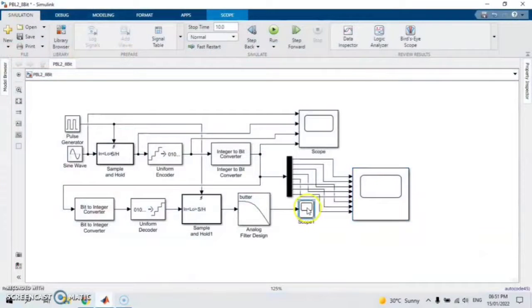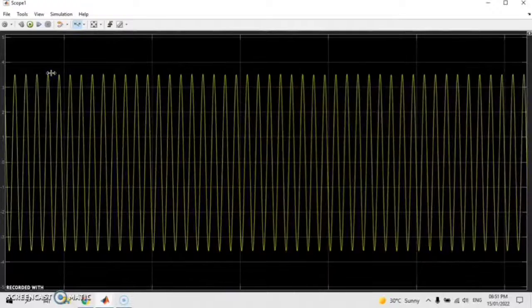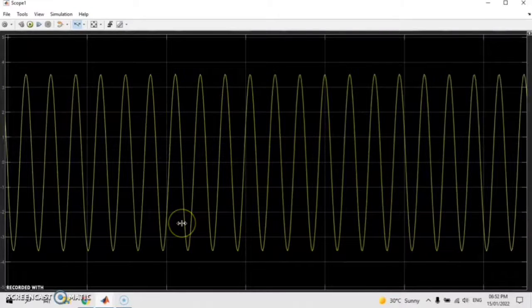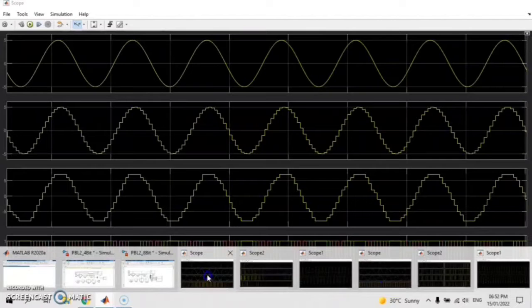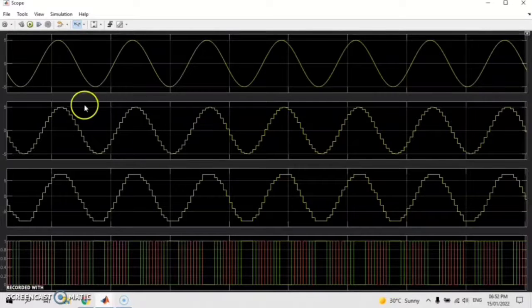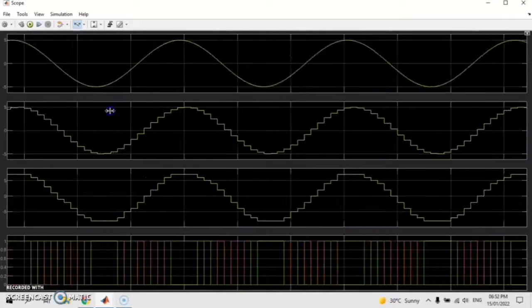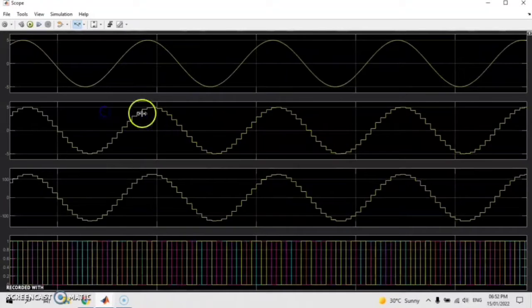And this is the final signal, which is the decoded signal. Okay, we can compare a bit here. This is our 4-bit one, and this is the 8-bit one.